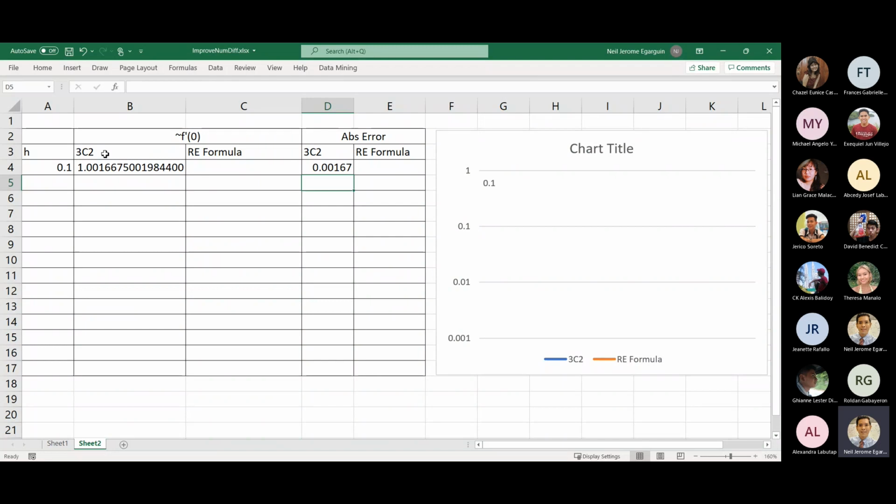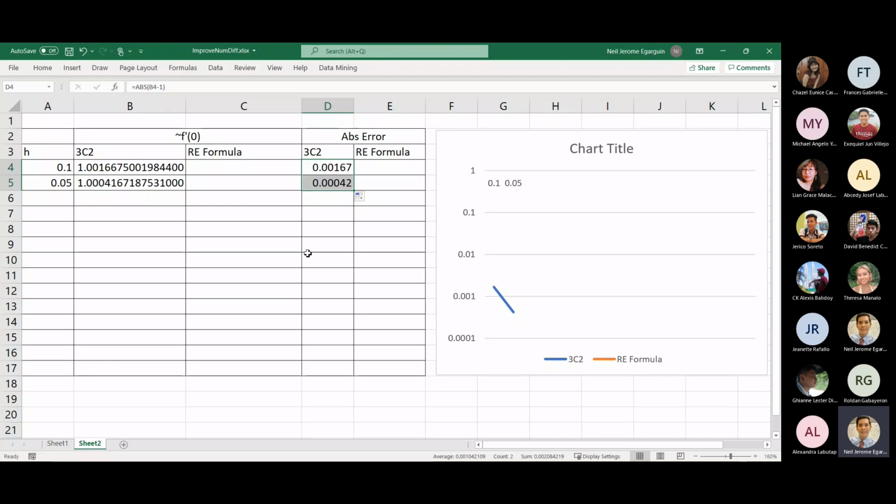And again, the extrapolation process we designed requires approximates with the step size being half every step of the way. So kalahatiin ko yung step size. So divide ko lang by 2 yung previous step size. Enter. And then I'll drag this formula para makita natin yung susunod na approximate. And I'll also drag the error formula.